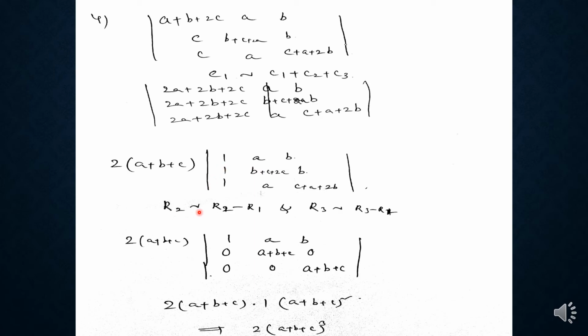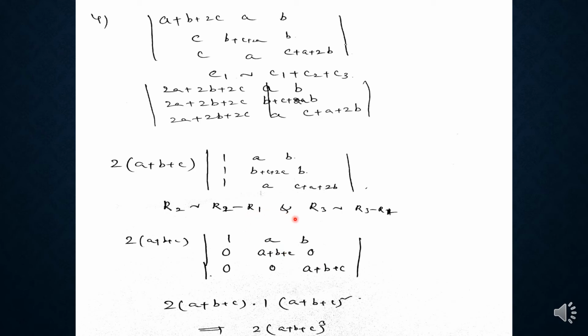So R2 changes to R2 minus R1. So first row is constant, no change in the first row R1, that is 1, A, B. Now by changing R2 into R2 minus R1, that is 1 minus 1, 0. Now it has become 0, and B plus C plus 2A minus A becomes A plus B plus C, and B minus B is equal to 0.